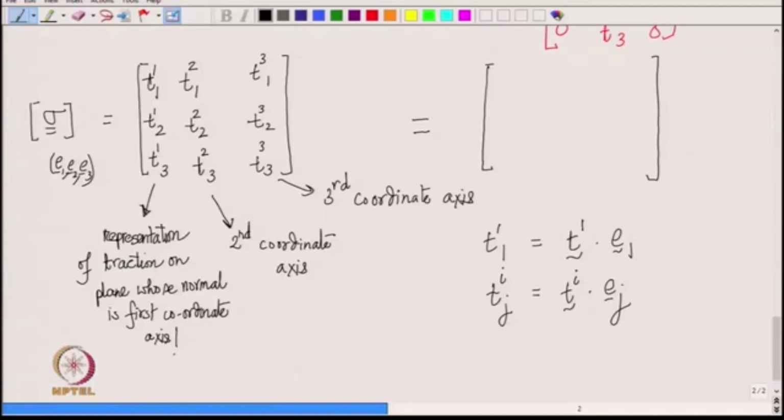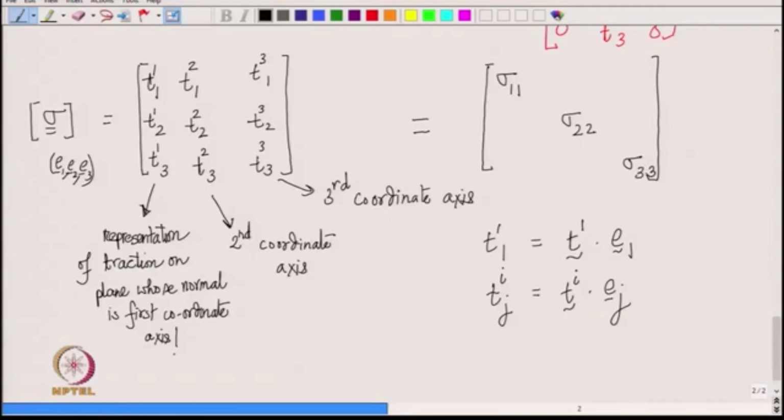Okay. So, here we got a different notation that is usually used in the book. T11 is denoted by sigma 1 1, T22 is denoted by sigma 2 2, T33 is denoted by sigma 3 3.